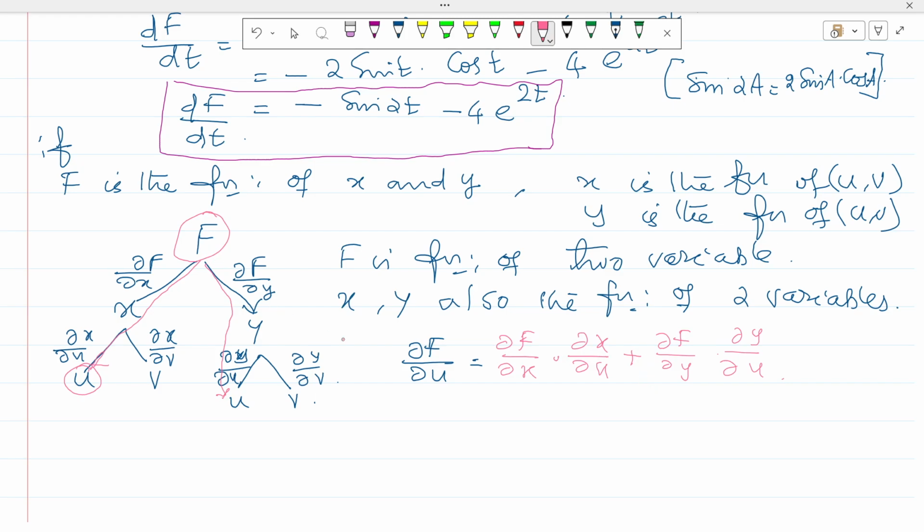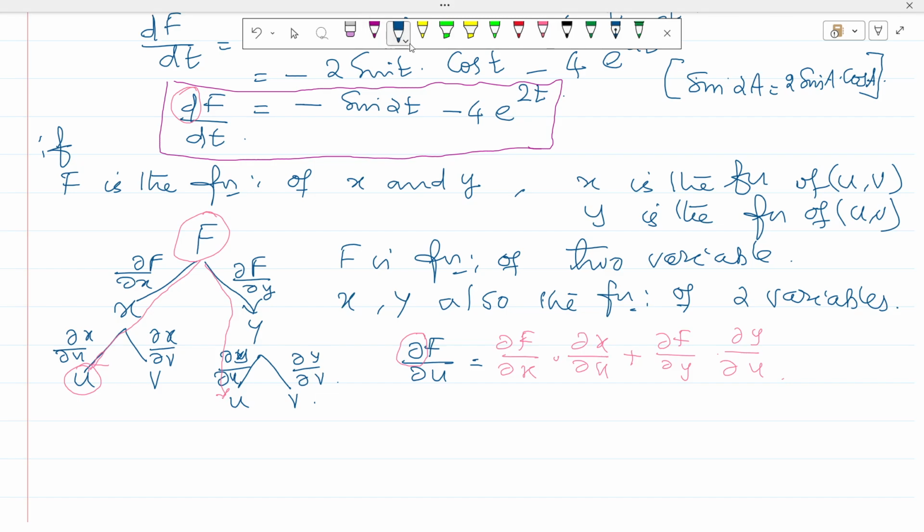See, previously f of x comma y is the function, and then x and y are functions of t. Here f is a function of x and y, x and y are also functions of u and v. Therefore here you can see I am writing dou, but in the previous case I wrote d. You should know the reason why I write d and dou on the left hand side.